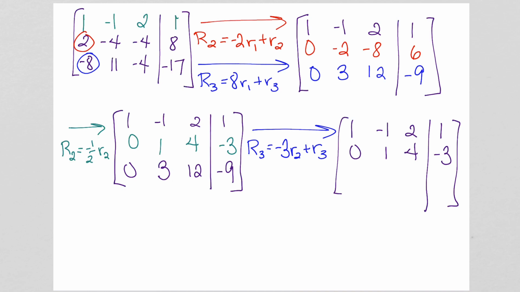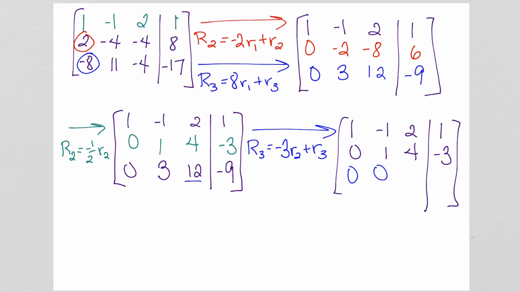Negative 3 times 0 is 0. 0 plus 0 is 0. That was easy. Negative 3 times 1 is negative 3. Negative 3 plus 3 is 0. That's what we wanted. Negative 3 times 4 is negative 12.